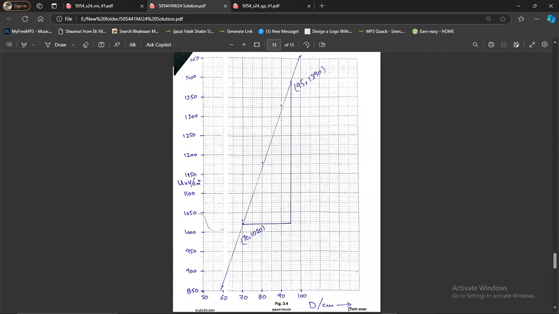And the d is on the x-axis, and u multiply v I have taken on the y-axis. So I started from 850, 900, 950, 1000, 1050, 1100, 1150, 1200, 1250, 1300, 1350, 1400, 1450. Then I plotted those points and I drew the line of best fit.